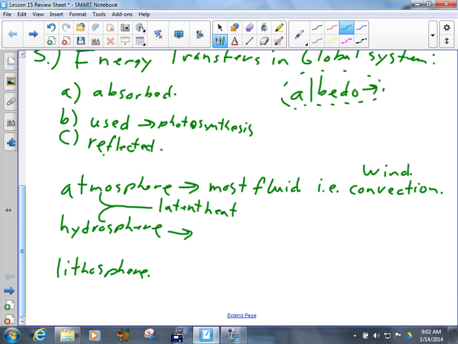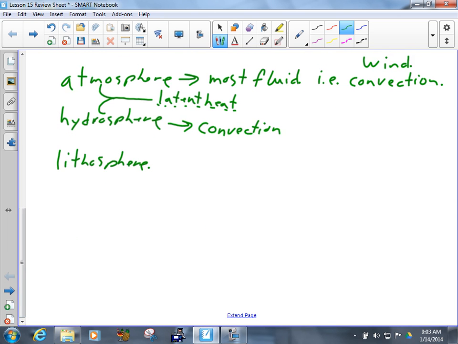Okay, we had convection, and convection can move air masses around, but those air masses could contain water vapor, which contains latent heat. When it goes to a new place, it will condense and release that energy. Everybody with me there? Okay, so hydrosphere, also a lot of convection, because it is fluid, but because it doesn't touch every place on Earth, it doesn't have as big an influence as the atmosphere in terms of transferring energy. All right. Now, the lithosphere. Does it play much of a role?